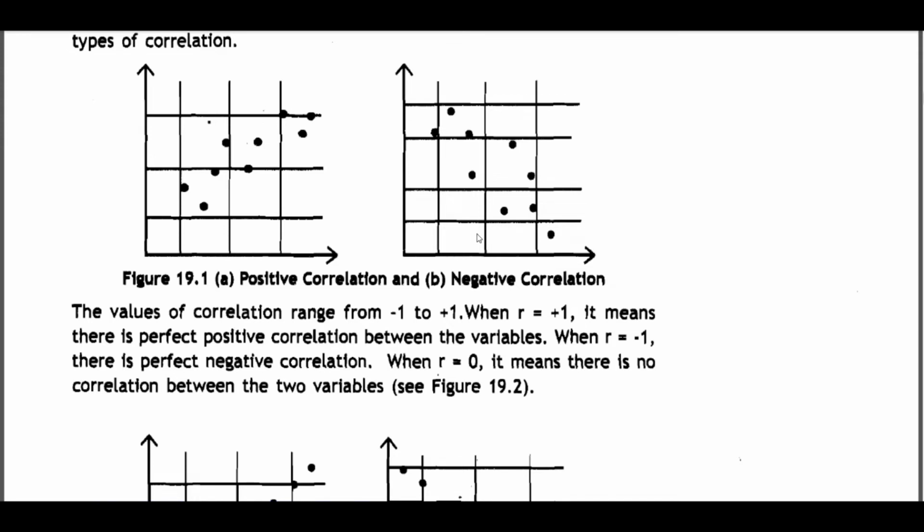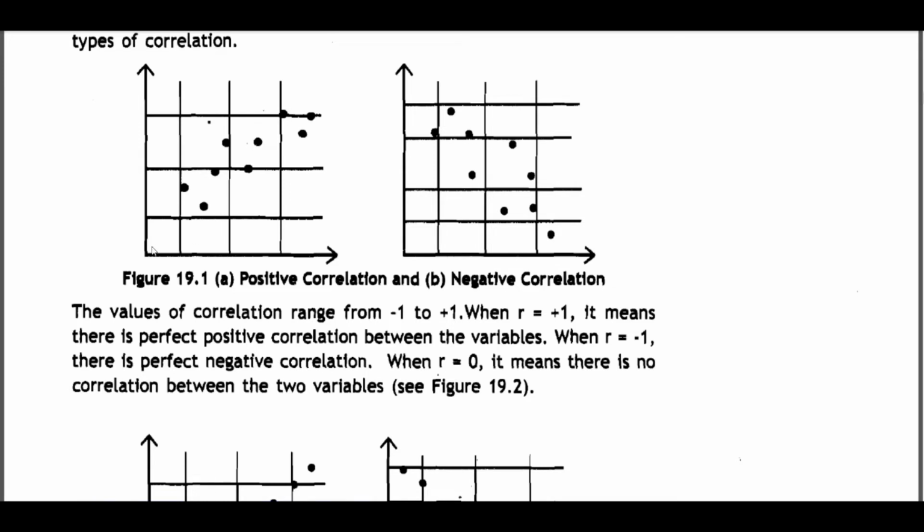When one side is increasing, the other side automatically decreases. So you can see here, when the value on this axis is much more, when this side increases, automatically this side reduces.